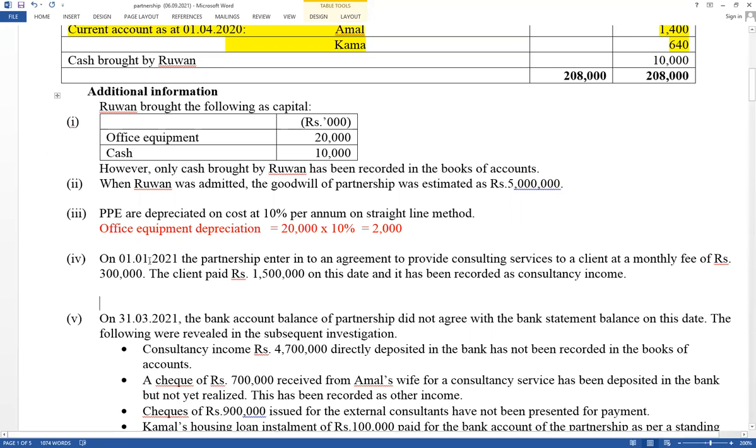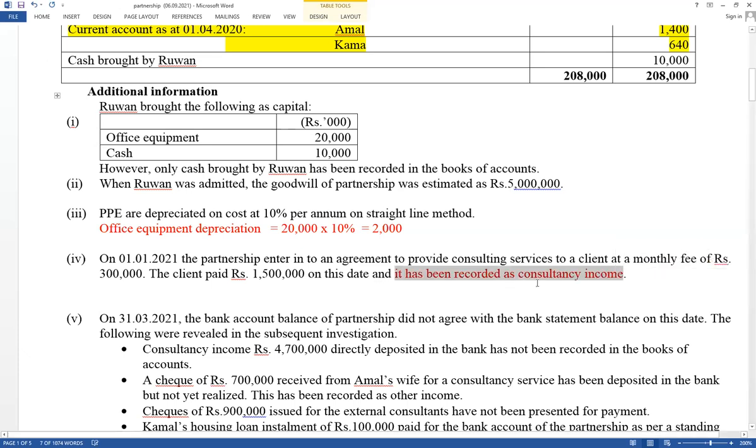January, February, March. Monthly fees 300,000. 300,000 into 3 equals 900,000. Based on accrual concepts, cash received or not, as income you have to consider 900,000. But the client paid 1.5 million on this date, and it has been recorded as a consultancy income.